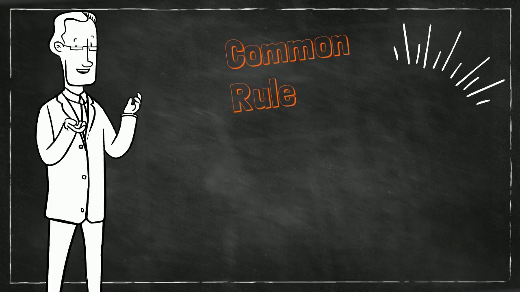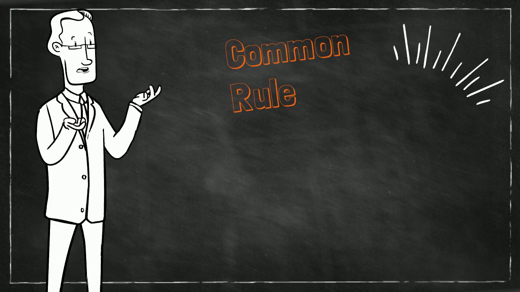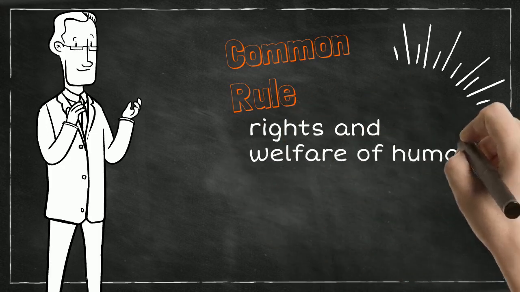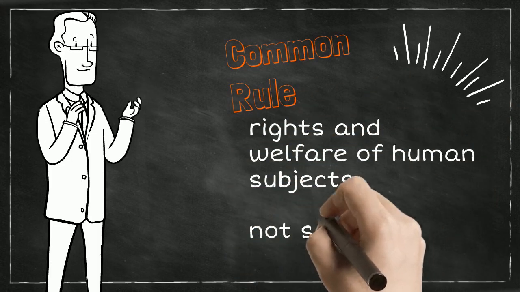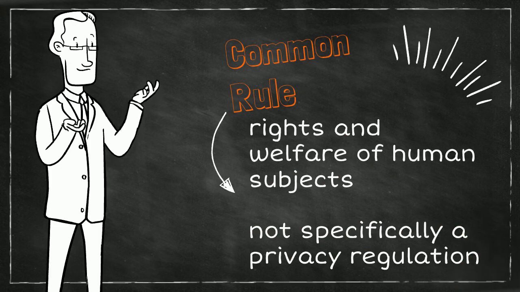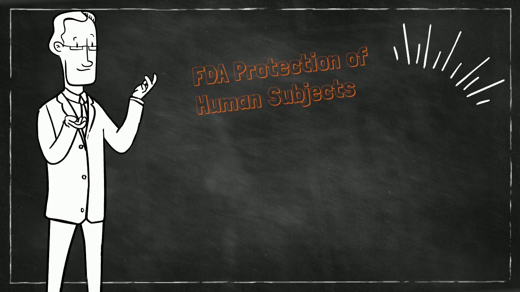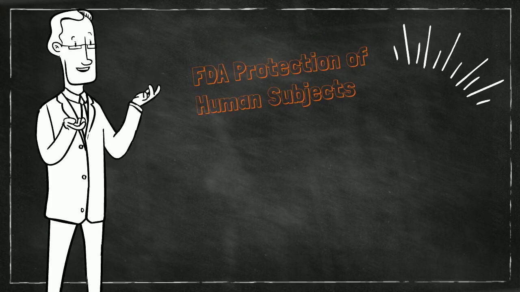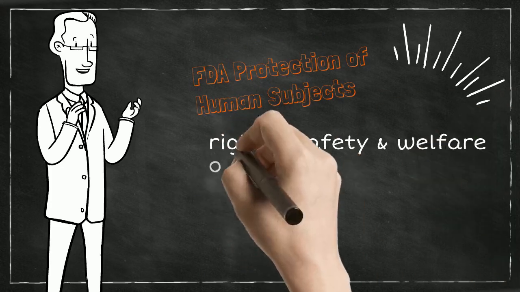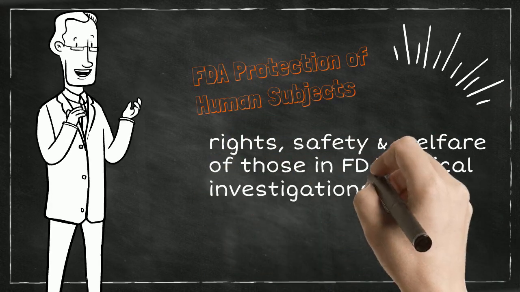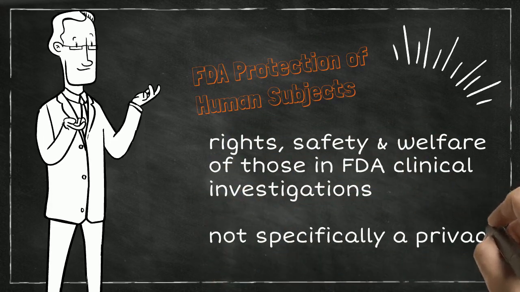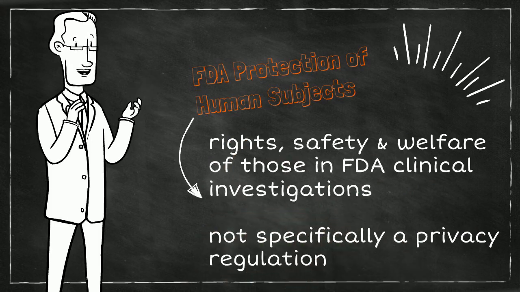The Common Rule, on the other hand, is designed to protect the rights and welfare of human subjects involved in research conducted or supported by the Department of Health and Human Services. It is not specifically a privacy regulation. The FDA's Protection of Human Subjects objective is to protect the rights, safety, and welfare of subjects involved in clinical investigations regulated by the FDA.